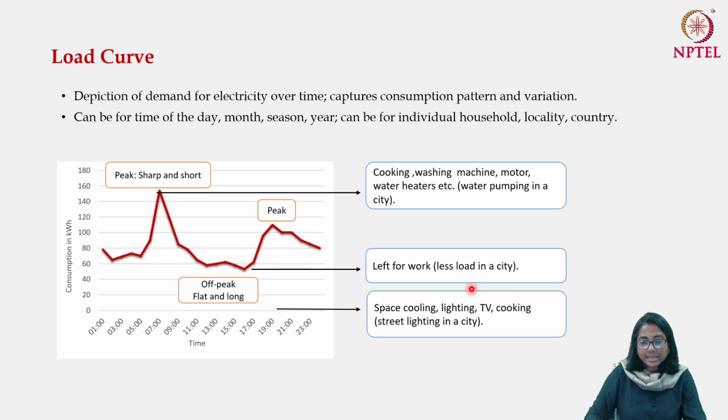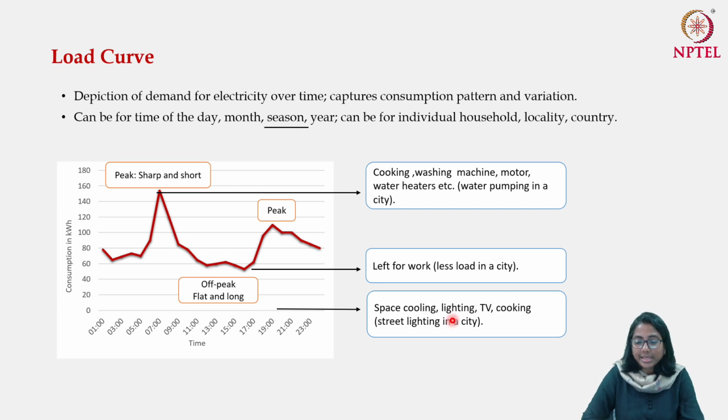Before I go into the next slide, I would like to draw your attention to one particular term, which is season. Although we are saying that this is the load curve for a particular household, there can be variation in the shape of the load curve from day to day. Not only that, the variation can be significant if you think about two different seasons, right? So the peak periods and the off-peak periods that you can see, or the height of the peak that you can see during the summer and the winter may vary significantly.